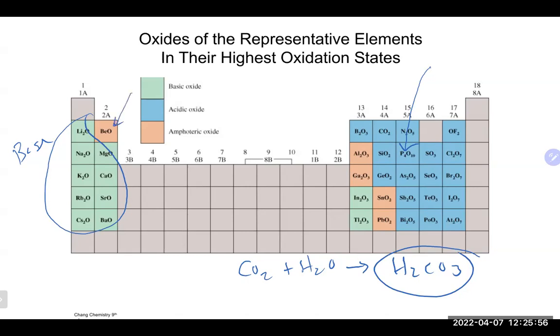These are amphoteric oxides. That's also why we don't include beryllium when we talk about group 1 and group 2, because it can go both ways. Amphoteric oxides can act as either an acid or a base. So, like what we've been talking about, the left-hand side of the periodic table is where bases come from, and the upper right nonmetals are where acids are generated when they react with water. They obviously have oxygens in there. Any questions on that?